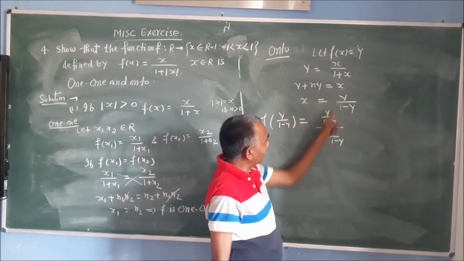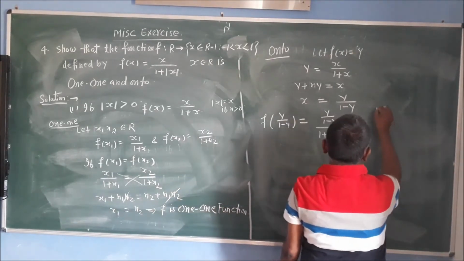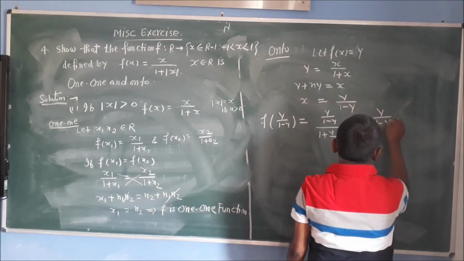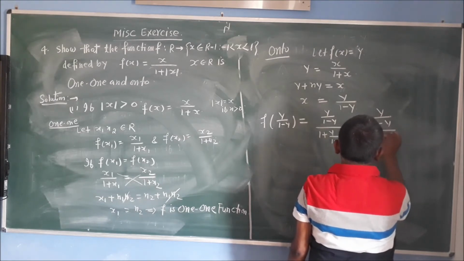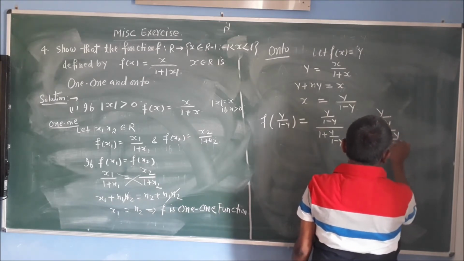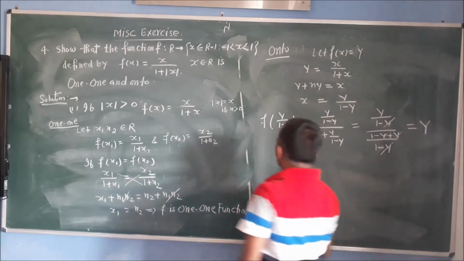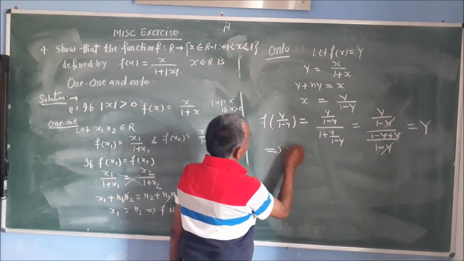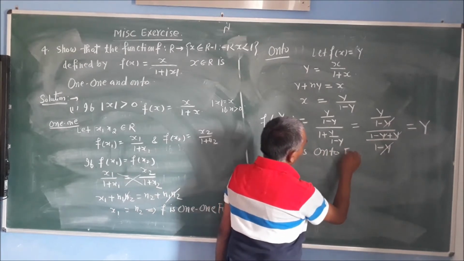So this will be equal to, take LCM, y upon 1 minus y, and the LCM will be 1 minus y, 1 minus y plus y. So 1 minus y will be cancelled and y also will be cancelled. So this will be equal to y. So this shows that f is onto function.